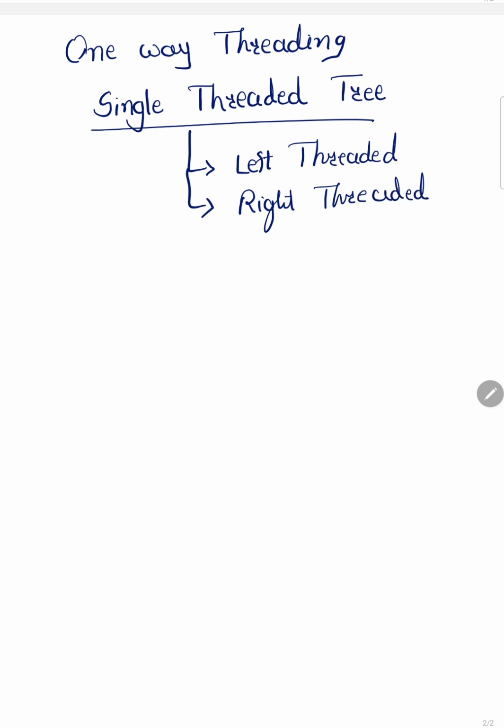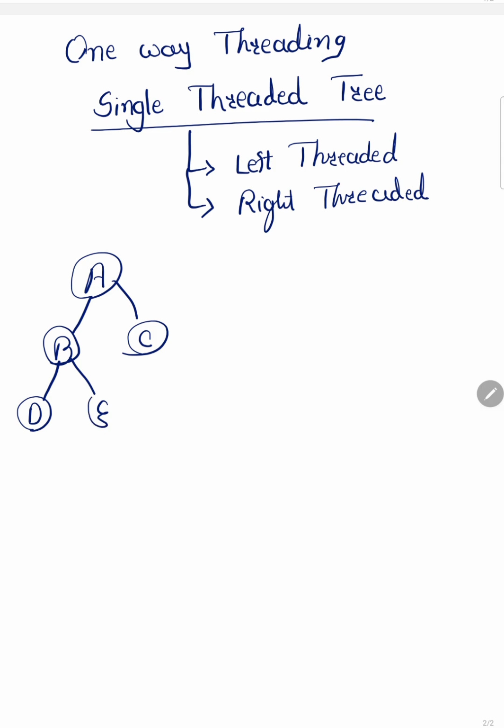So in a right threaded tree we replace the right field with the in order successor, and in a left threaded tree we replace the left pointer, the left field, with the in order predecessor. Suppose like in the previous example, same as before, we have A, B, C, D and E over here.